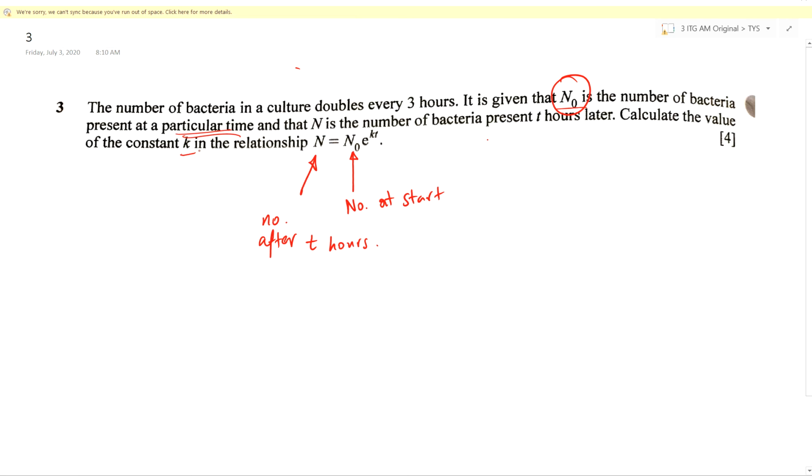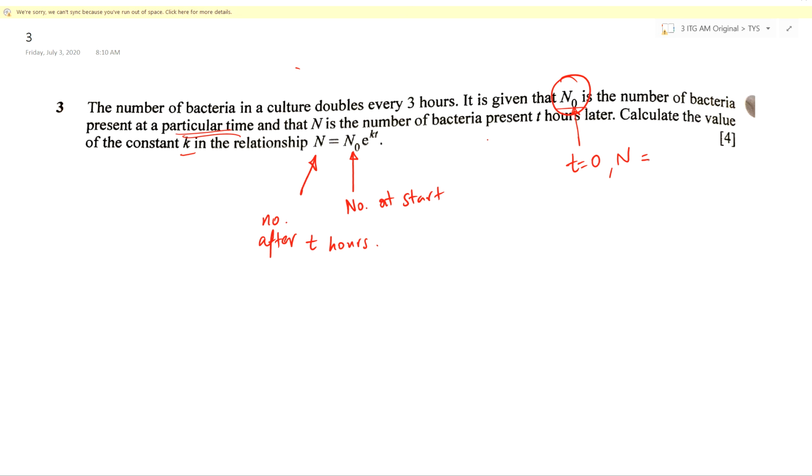Calculate the value of the constant K. I think we kind of get the question already. But what can we do? Is there anything that we can substitute? This 0 over here mentioned that it is at the start. That tells us that time equals 0.